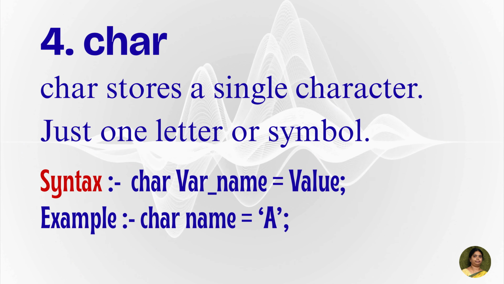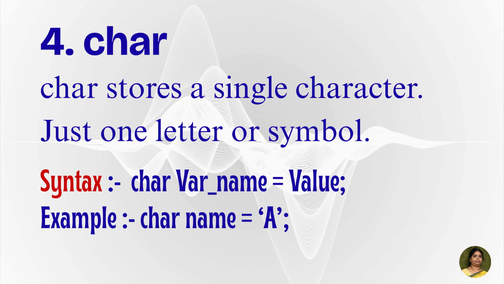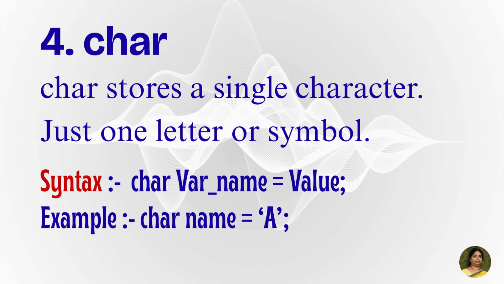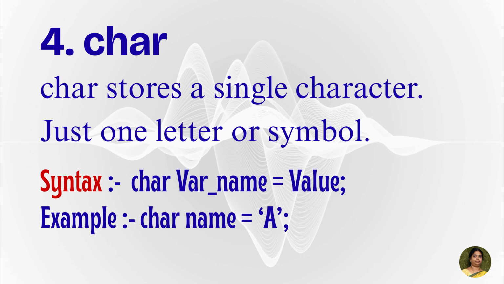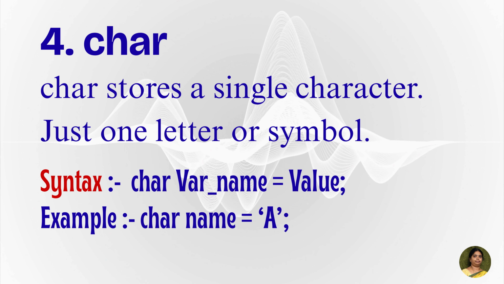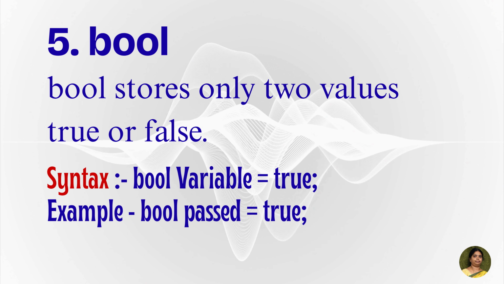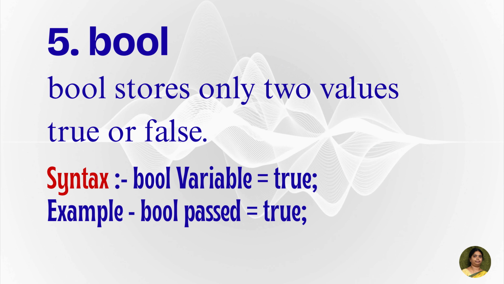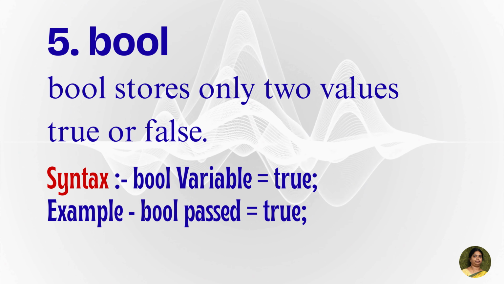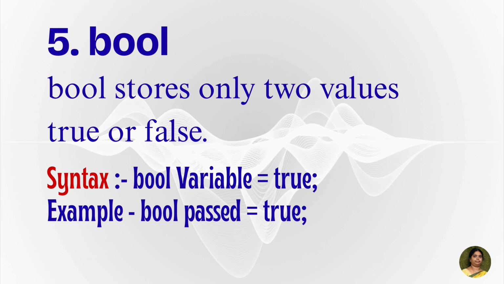The fourth one is char. Char is used to store a single character, like char grade = 'A', small 'b', or capital 'Z', small 'z'. We have to always remember that characters always use single quotation marks to store their value. The fifth one is bool. Bool stores only two values, which are true or false. Bool passed = true means the value is true, and the other value will be false.